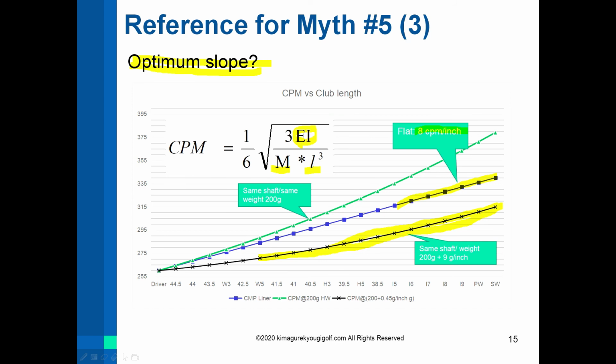So that means that in normal fitting, with the shafts on the current market, the iron set shafts are stiffer than the driver in their nature. And we use fairway woods and hybrids. We usually use a different shaft from the iron set, so it will be difficult to make a straight line here. But still, yeah, it is okay.